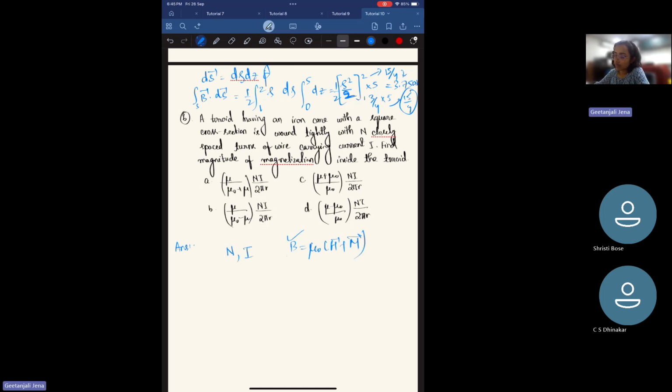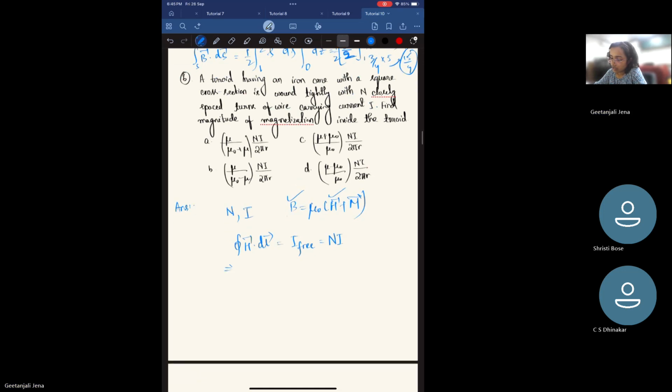So you need the information about B and H. It is quite easy because you can use Ampere's law, the integral of H dl equals the total free current, which is total number of turns N with current I. So this means H is NI by 2 pi r.